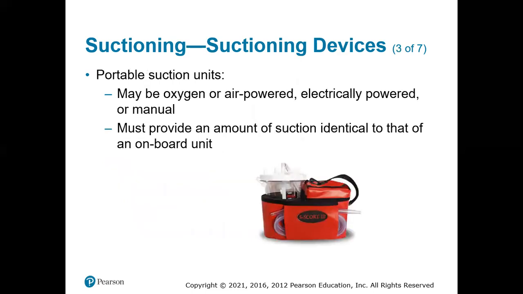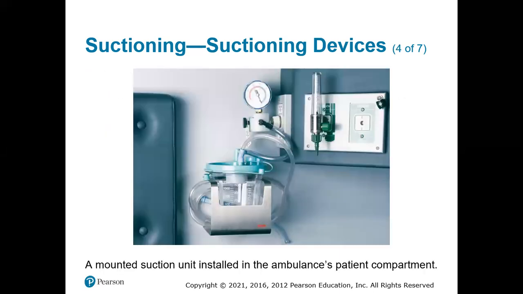Here's your portable suction unit. They're oxygen or air powered, or electrically powered. Most of them are electrically powered and battery operated, and you just charge the battery. Even though it's portable, like I said, it still provides that minimum 300 millimeters of mercury suction. Here's your mounted onboard suction.